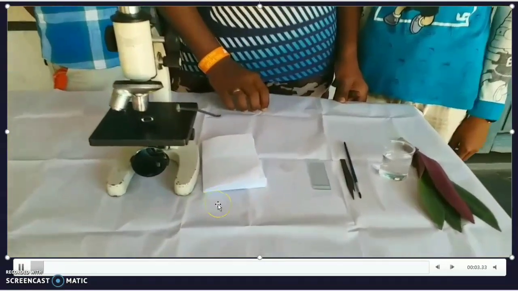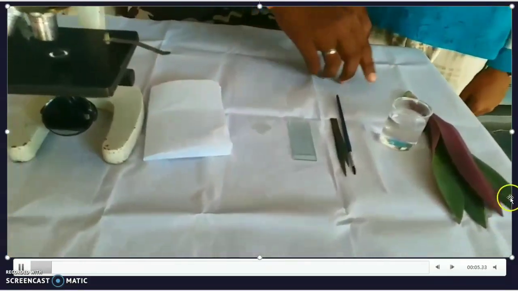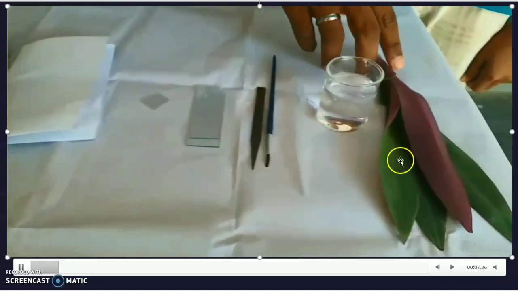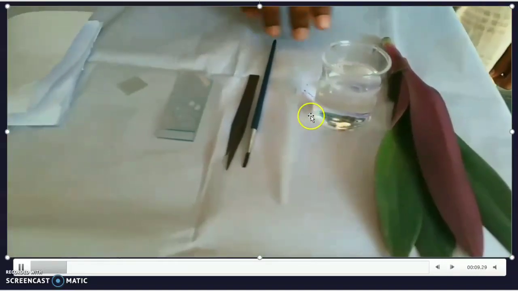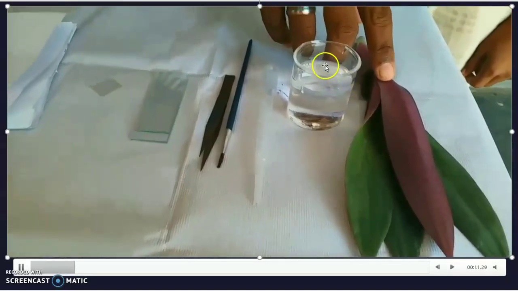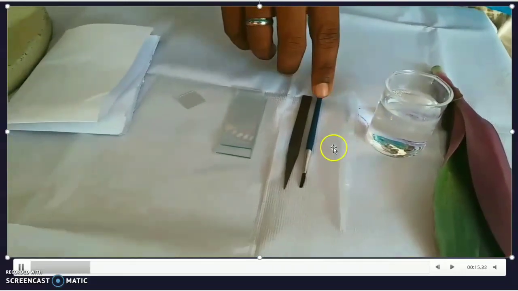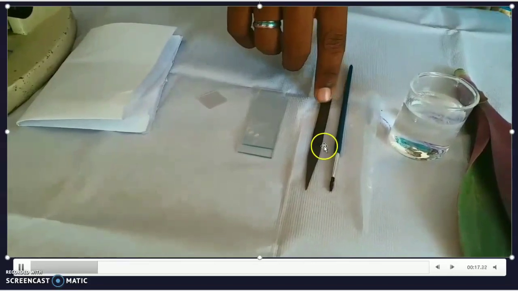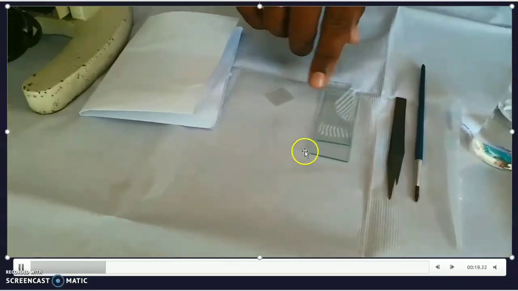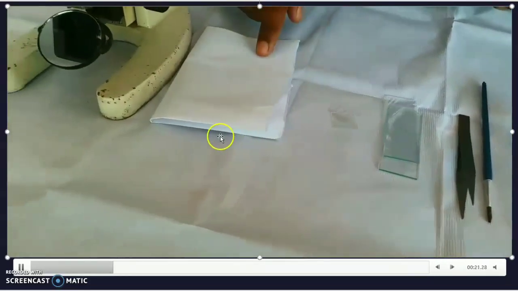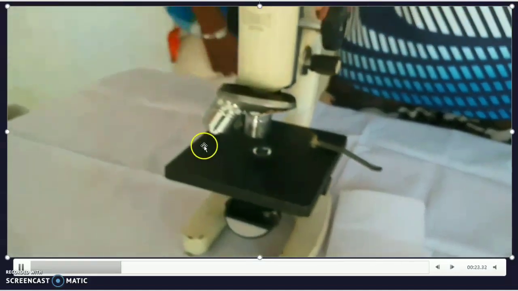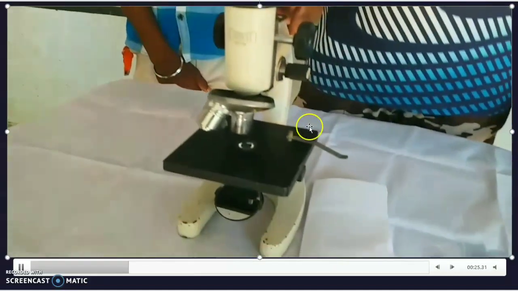To observe the cell membrane, the materials required are Rhoeo leaf, beaker, in the beaker salt water is present, dropper, brush, forceps, slides, cover slip, white paper and microscope.